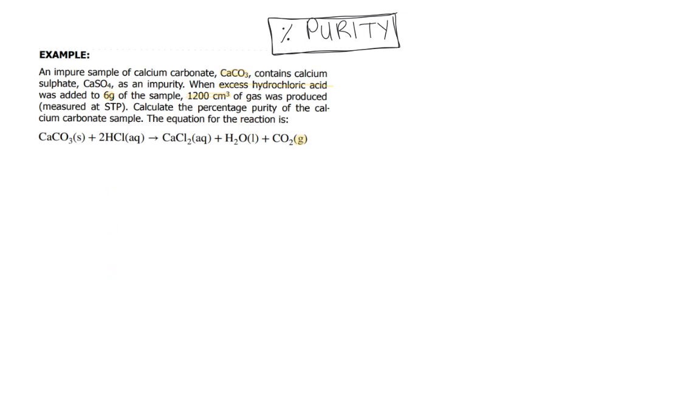So my advice to you when you're doing percentage purity, don't start with your mole steps. Start with what they ask you. They ask you for percentage purity, so you start with that formula. It's the mass of your pure substance over the mass of your impure substance times 100, because remember that's how I work out a percentage.